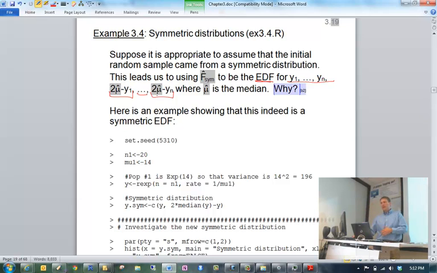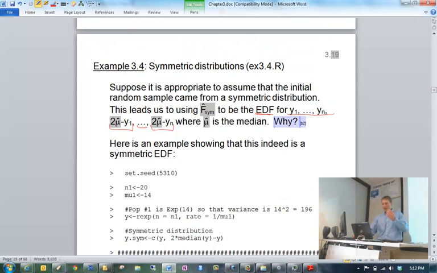I know at least when I first read this example, when I was taking this corresponding course, it wasn't obvious to me why it was, and I had to have my professor explain it to me. But this, which, by the way, who was my professor? Tom Logan? The one that I did the book review with? Anyway, hopefully you saw that in the extra credit. So mu hat's the median.